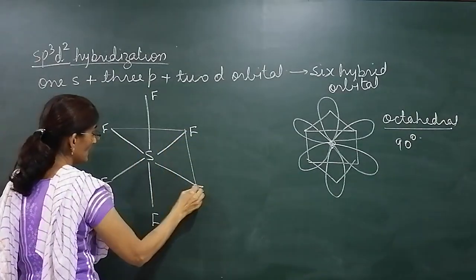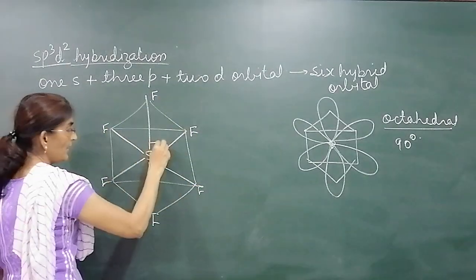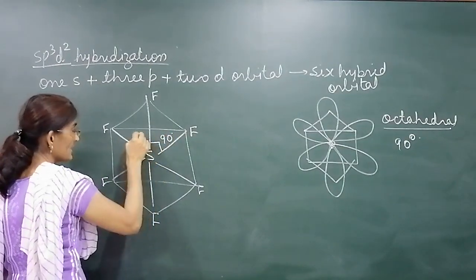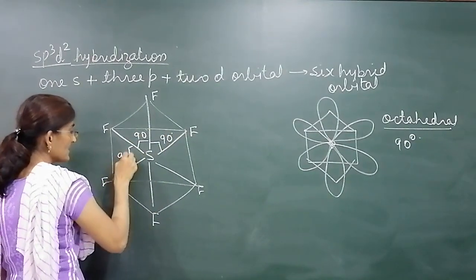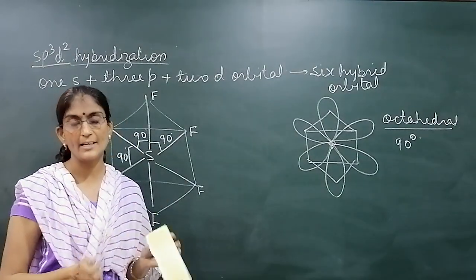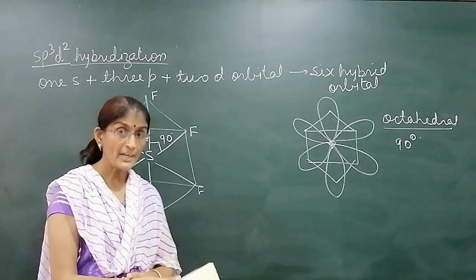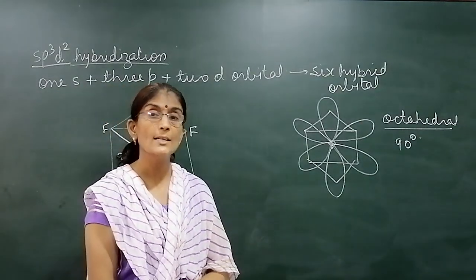What is the shape? Octahedral. Every bond angle is 90 degrees, all of this is 90. Every FSF bond is 90 degrees. Shape is octahedral.